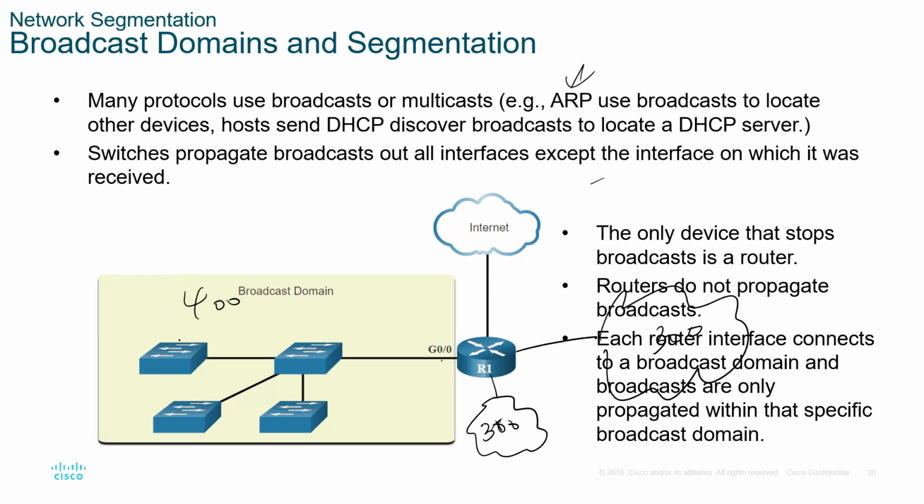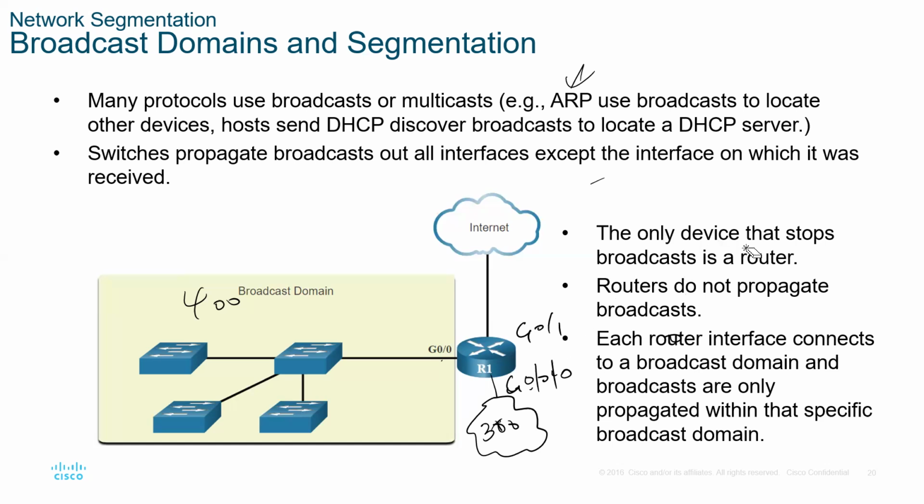In this example, we segmented by having different broadcast domains, and different broadcast domains means different interfaces, different interfaces for every network. That is what segmenting is, and that is what will lead to what we call subnetting as well. We will get there.